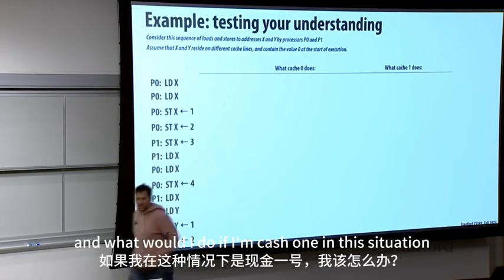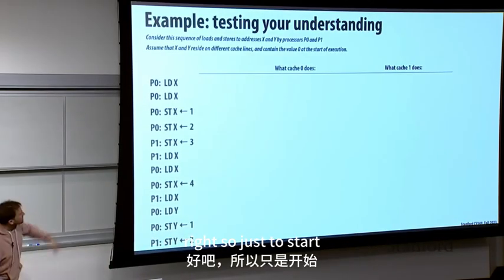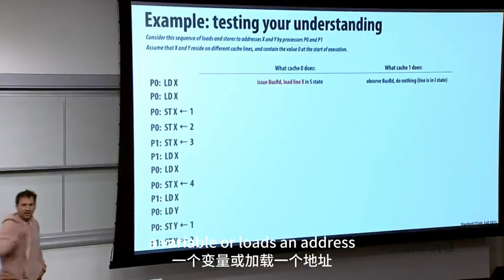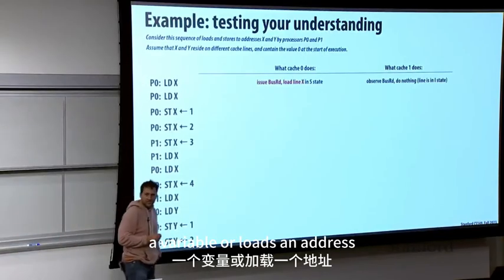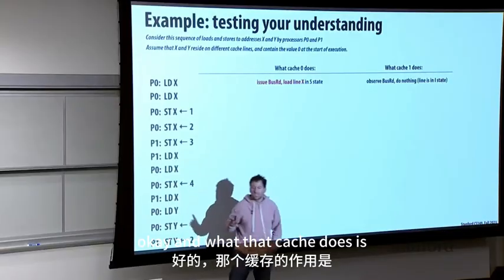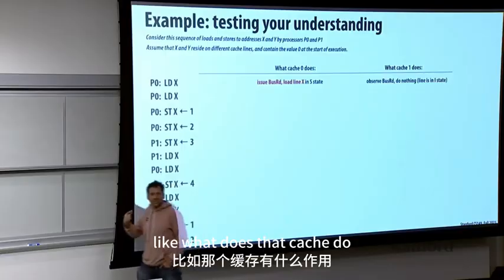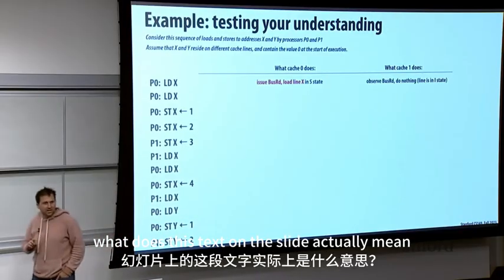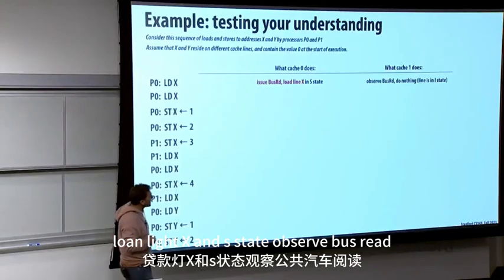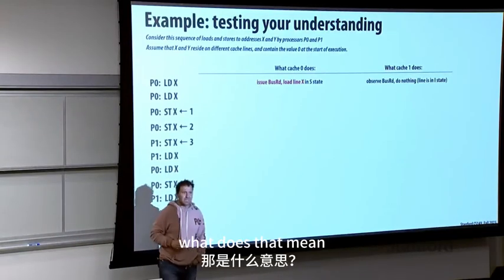Just to start, let's say the first cache loads a variable or loads an address. What does that cache do? What does this text on the slide actually mean? There's "issue bus read load line x" and the S state, "observe bus read." What does that mean?